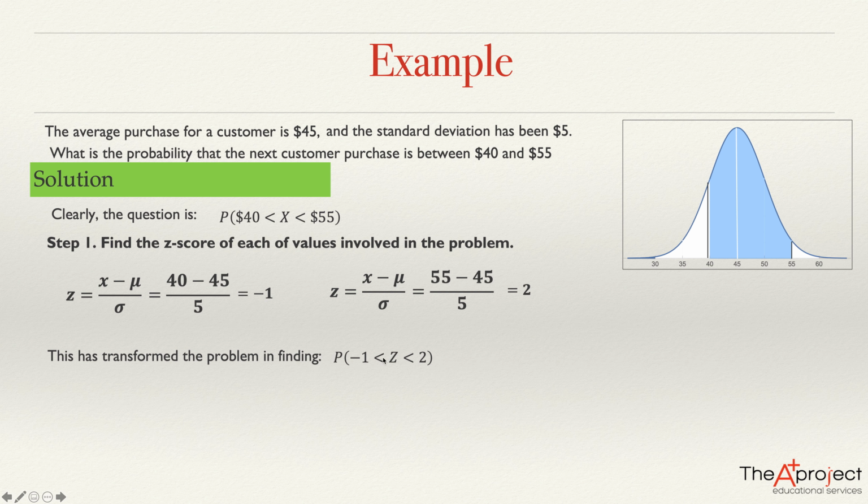So these two problems are equivalent. Finding this is the same as finding that, but this one is easy to find because there is a table of the normal distribution.